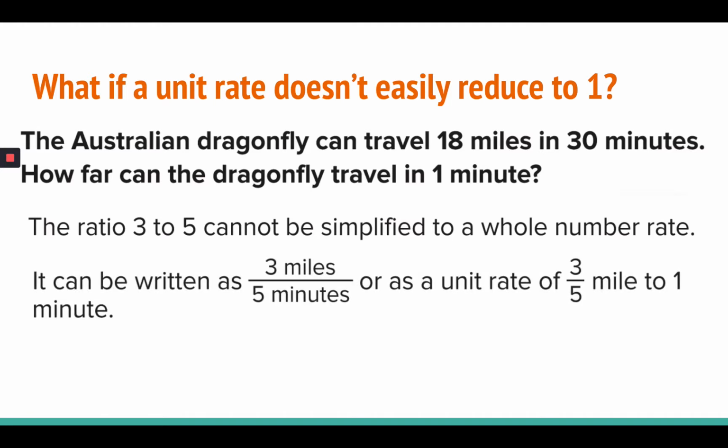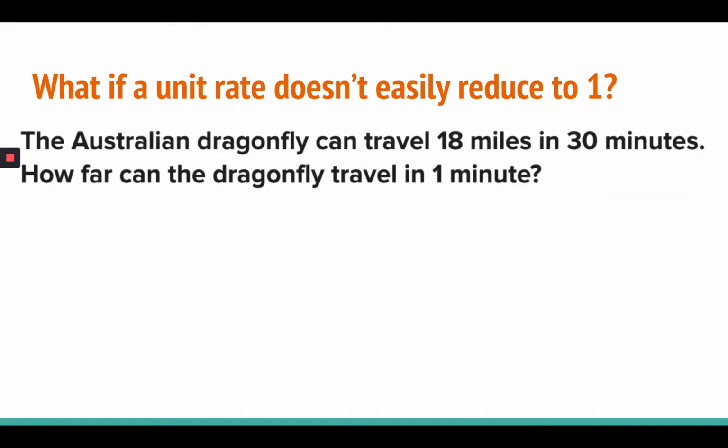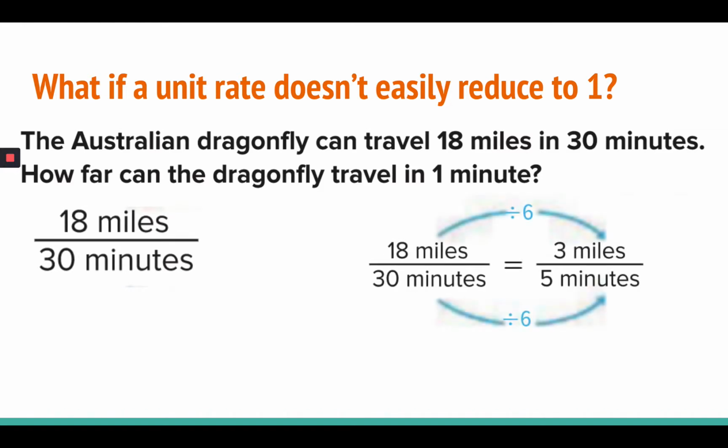But you can also think of that as 3/5 of a mile. So you could write this as 3/5 mile per every minute. Let's see that again. Dragonfly can travel 18 miles in 30 minutes. How far can it travel in 1 minute? Okay, 18 over 30. A factor that will reduce it is 6.